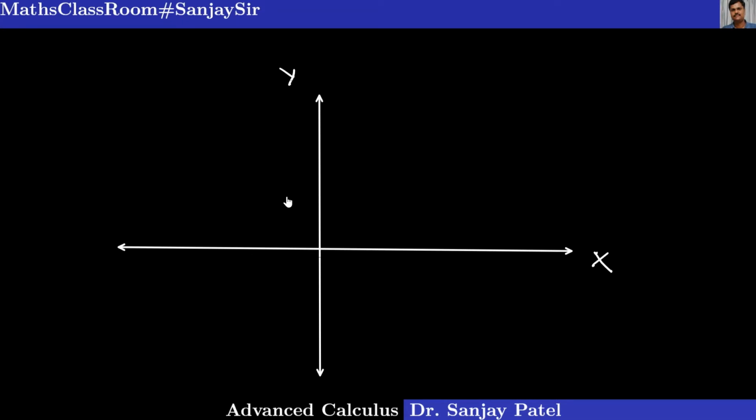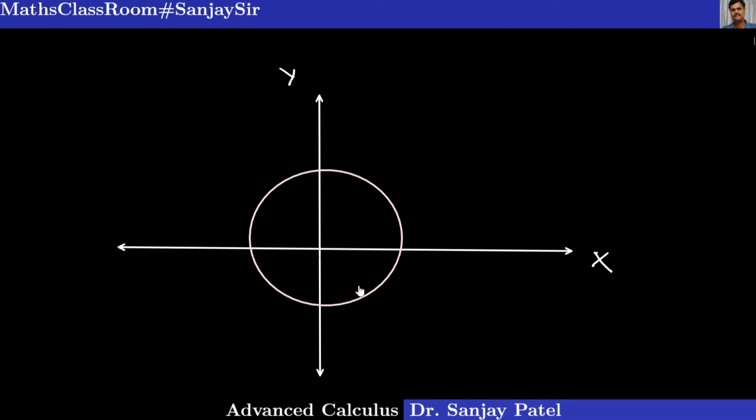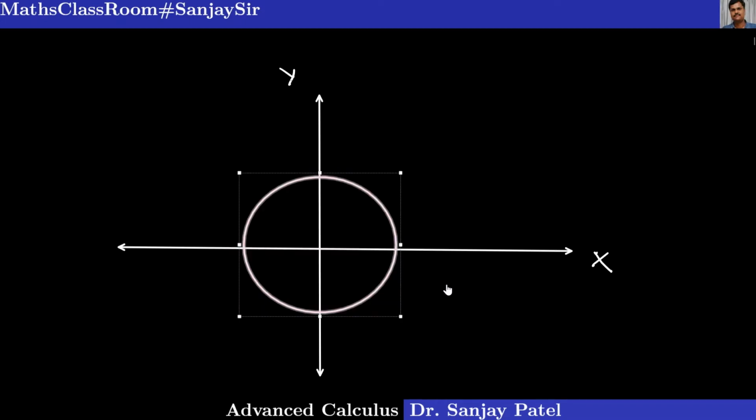Let us keep a circle here. Okay, let me make it bigger, and this is a circle with center at origin and radius is 5.